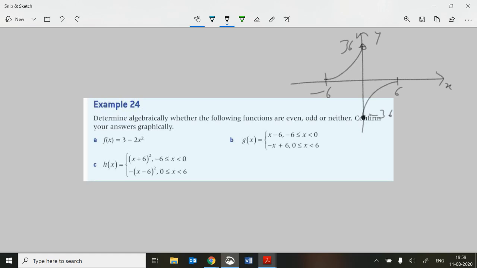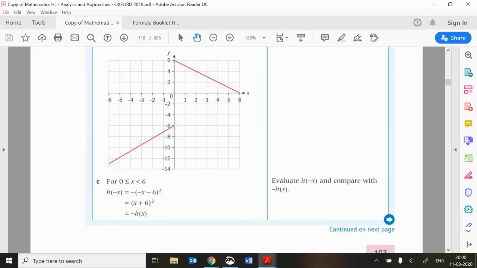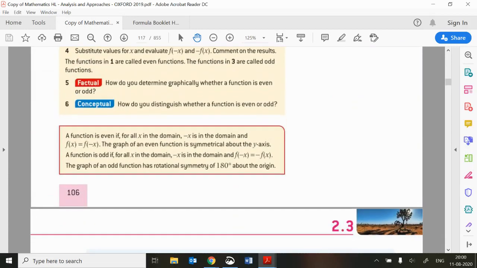In this case, let's take this part here and say, well, let's take x to be minus x. Remember, in both of those definitions, we've got f of minus x.